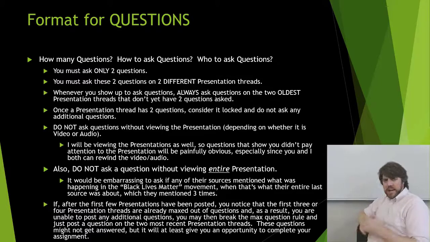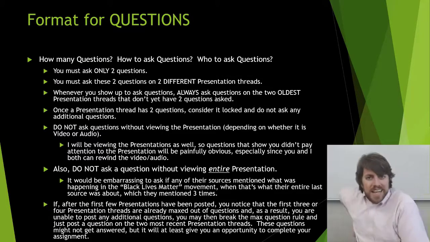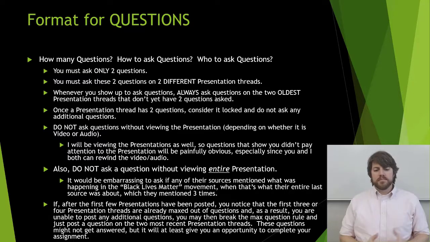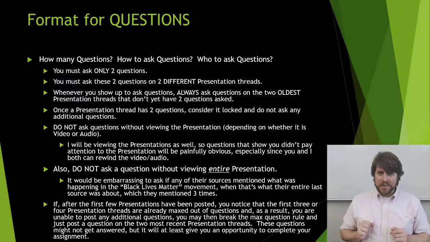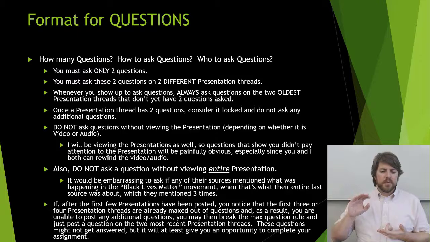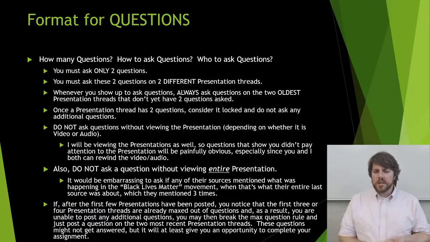And after you've asked 2 questions of presentations that didn't yet have 2, you're free to move on. So once a presentation thread has 2 questions, like I was showing you on the very complicated hand website on the board, consider that thread to be locked and then move on.